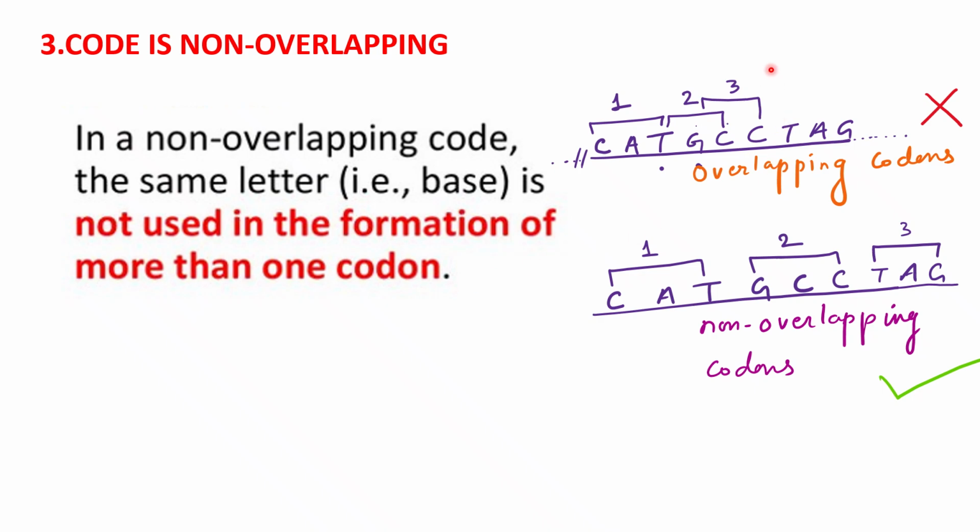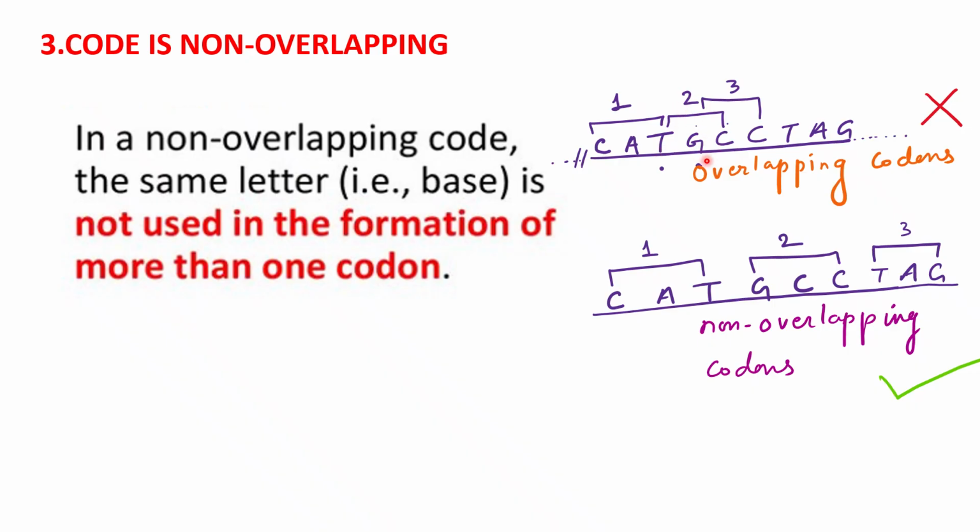Look at here. Supposing this is a DNA strand where bases are placed like this: CAT, GCC, and TAG. If the codons are overlapping, then supposing CAT forms the first codon, then T is also part of the second codon because TGC is our second codon.